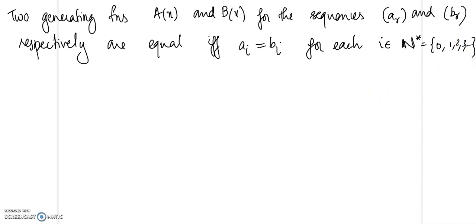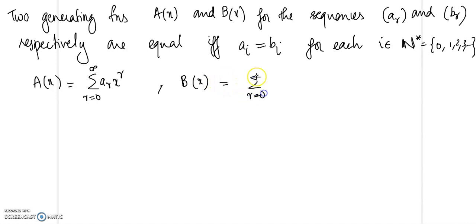Now if I have two generating functions, suppose I have A(x) equal to summation a_r x^r, where r equal to 0 to infinity, and B(x) equal to summation b_r x^r, where r equal to 0 to infinity, then let us define the sum and the product of these generating functions.